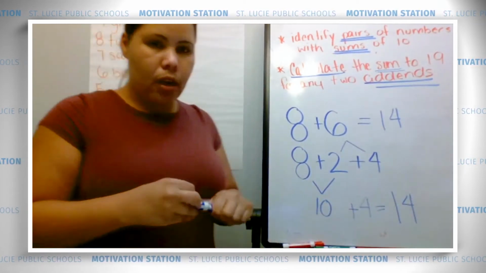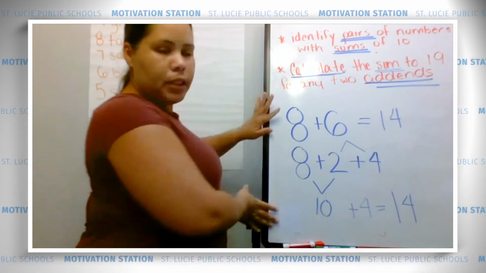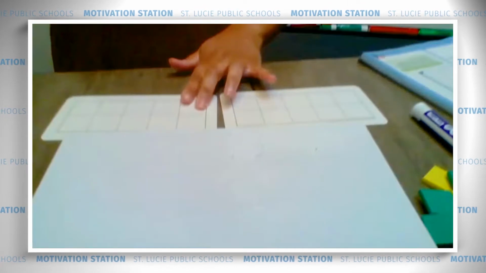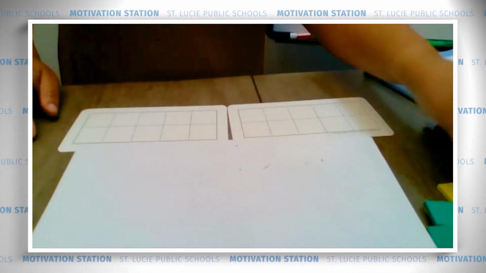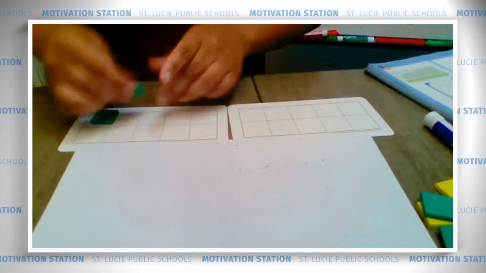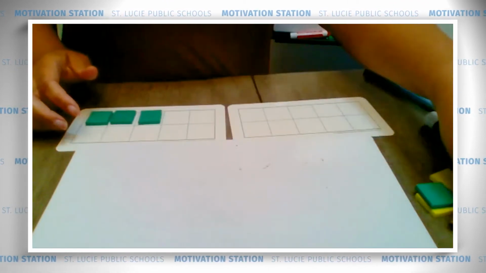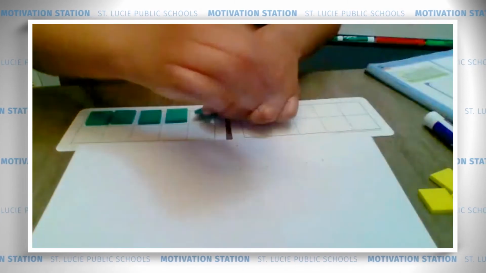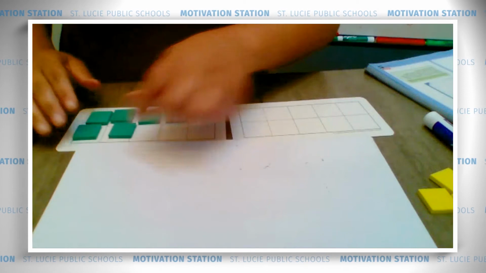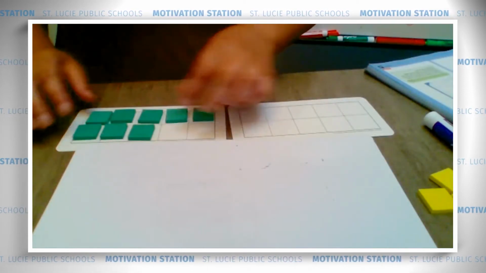What does that look like on our 10 frame? Let's be sure that we were visualizing that. We did it mentally. I'm going to switch over here to our 10 frame. We started with 8. 1, 2, 3, 4, 5, 6, 7, 8.